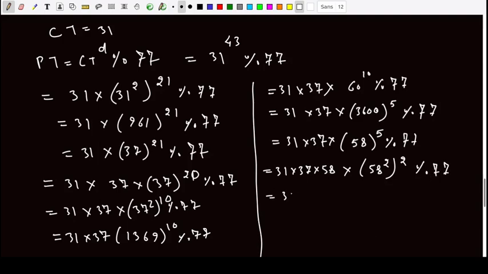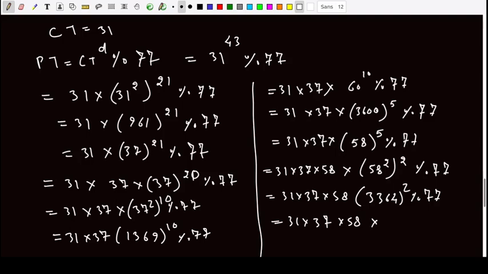Now this is basically 31, 37, 58, and 58 whole square is 3364 squared modulo 77. This is equal to 31, 37 into 58, and if you divide 3364 by 77, the remainder is 53. So 53 square modulo 77.